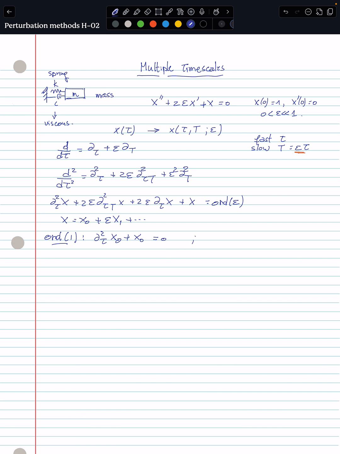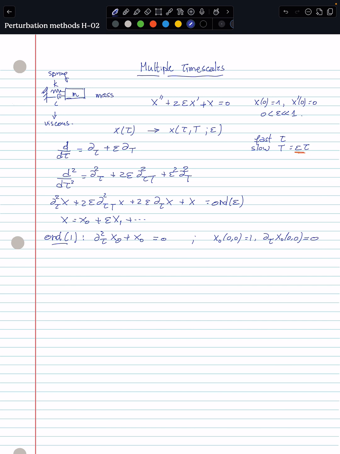And we have the two initial conditions. First, the first derivative with respect to tau of x0 at time tau 0. Oops, I think you see that's the trap into which we can fall. This is the initial time, and this is equal to 0.